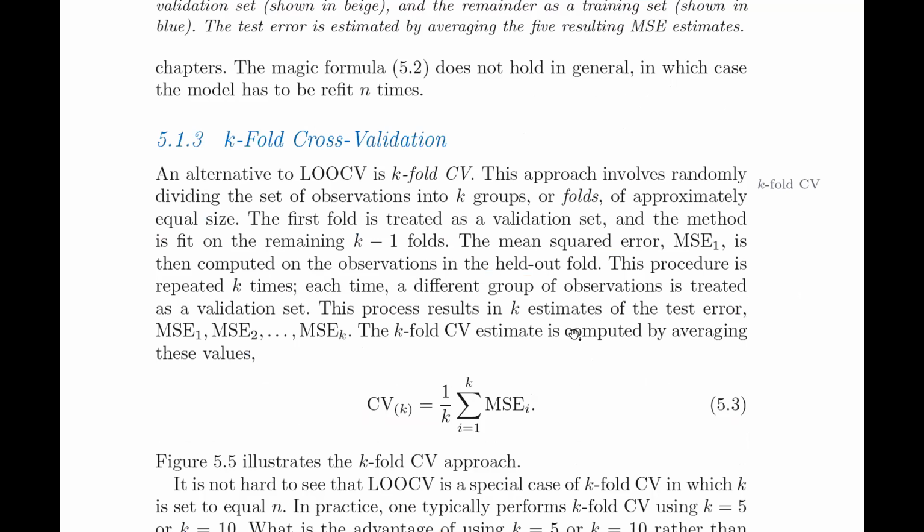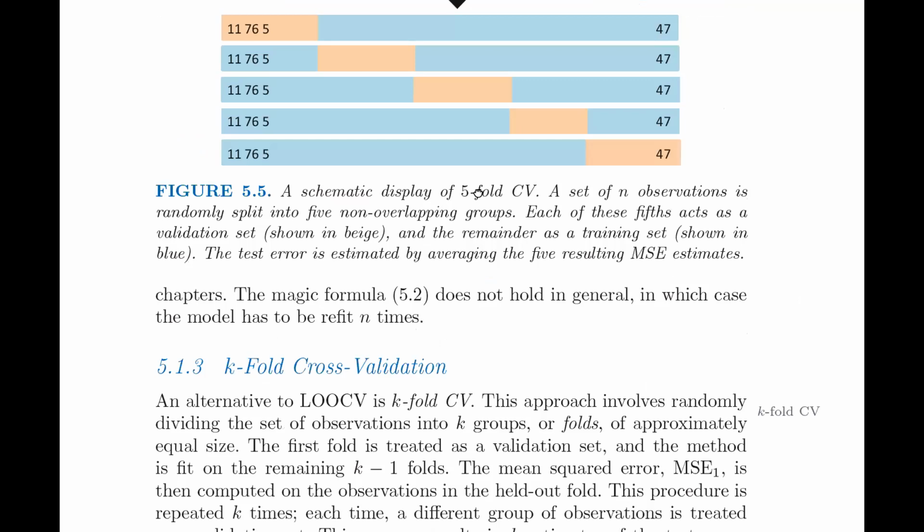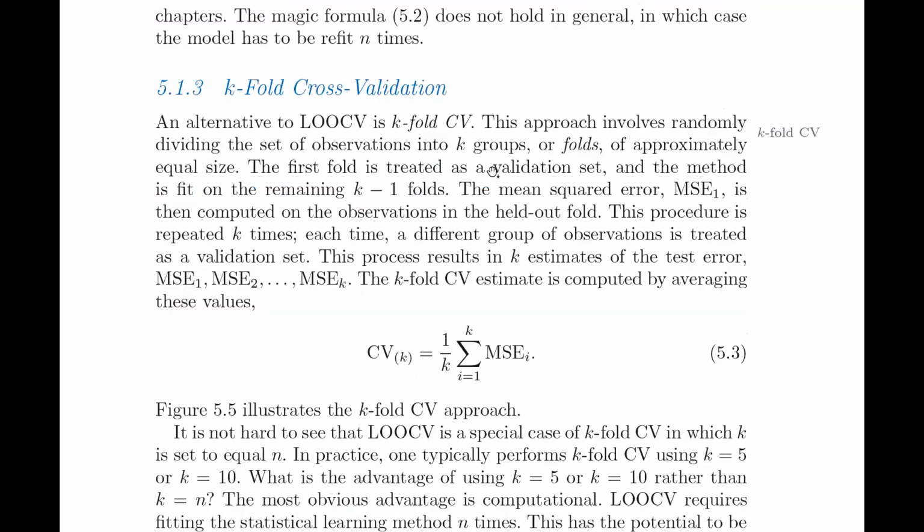Now, this is probably a more general approach. An alternative to leave one out cross-validation is k-fold cross-validation. This approach involves randomly dividing the set of observations into k groups, or folds, of approximately equal size.